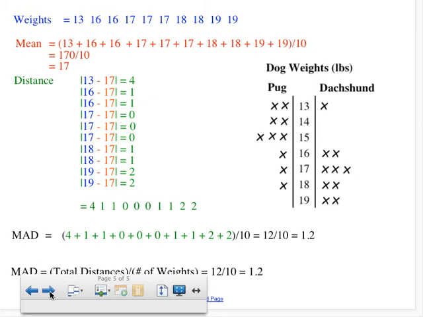Kayla? What do we call that with the X's? Line plot. So it kind of looks like a line plot. It kind of looks like a stem and leaf plot. It looks like it has stems, but there's no leaves, right? But we know with the line plot, the X's mean how many times that number repeats, right? So this is kind of like a double line plot that looks like a stem plot.